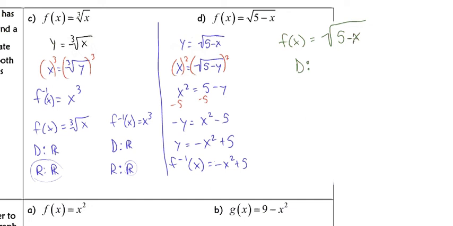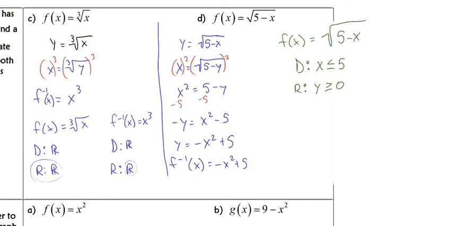I can plug in 5 for x, that's fine, that gives me 0 in my square root. But I can't plug in numbers like 6 because then I'll have 5 minus 6, which is negative 1. I'll have some imaginary numbers. So the domain is that x is less than or equal to 5. And its range, and we talked about that at the very beginning, there's no way for me to get any negative output here. So y is greater than or equal to 0.